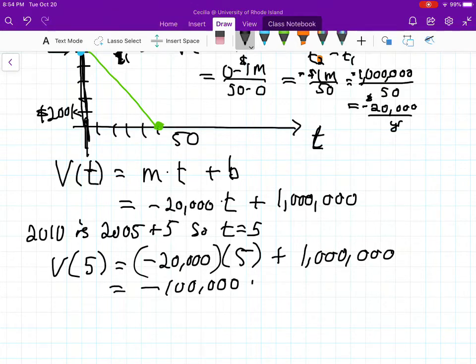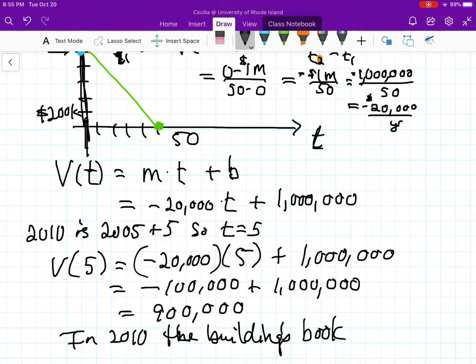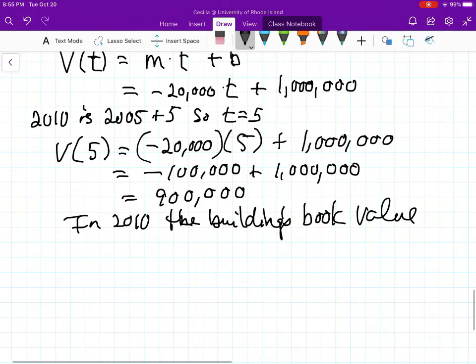So we see in 5 years, the book value of this building went from 1,000,000. So in 2010, the book value is now going to be $900,000. Or was, the book value was in 2010.